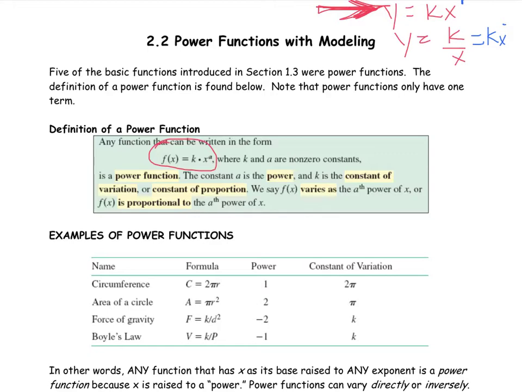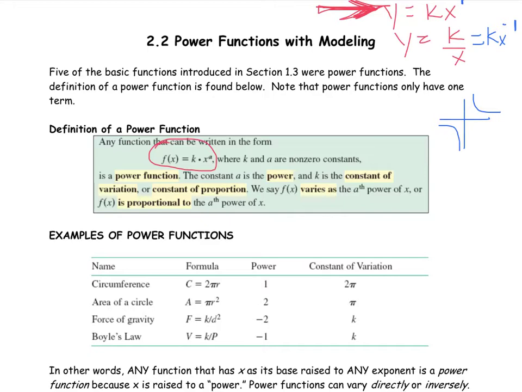And because it has a negative exponent, it graphed like a rational function, which was like this. So we did those in Algebra 2, but now we're going to talk about power functions where your a term can be something other than 1.